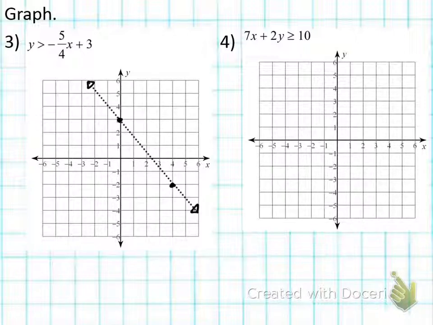Okay, next thing we have to figure out is where to shade it. Do we shade above or below the line? Good. What does the inequality say? Y is greater than. Okay, so we would take our straight edge and shade above. Like so.